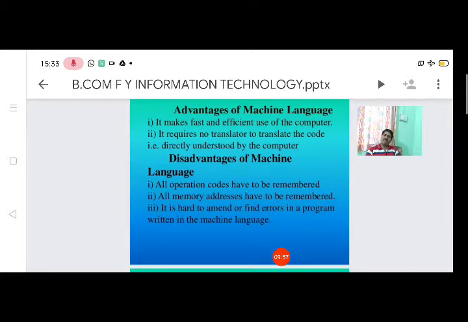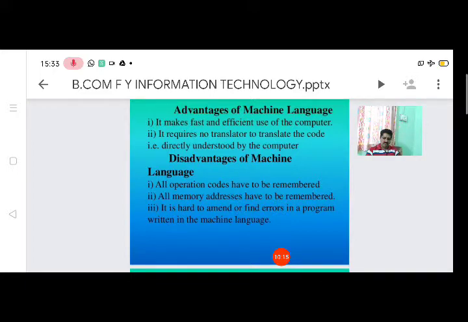The main advantage of using the machine language is that there is no need of a translator or interpreter to translate the code, as the computer can directly understand it.